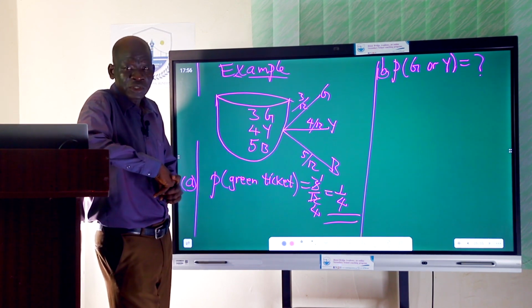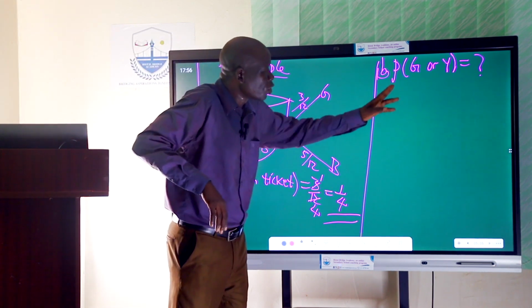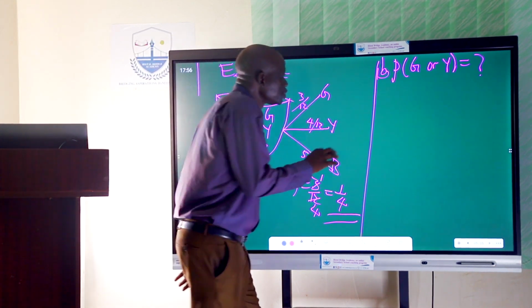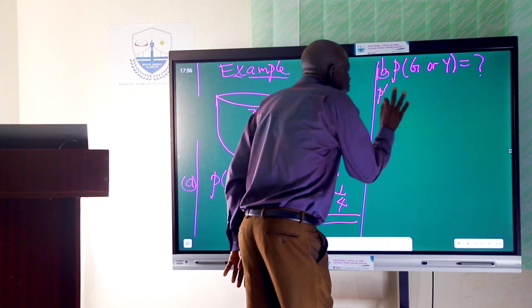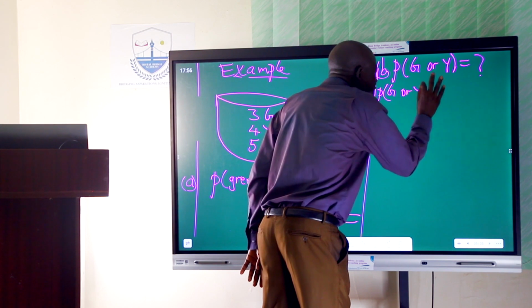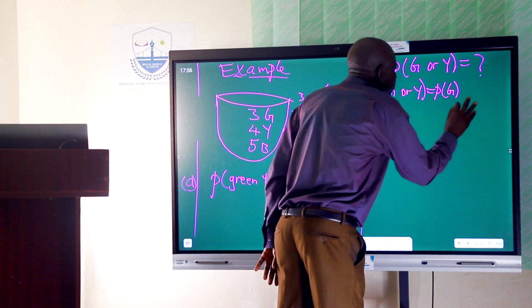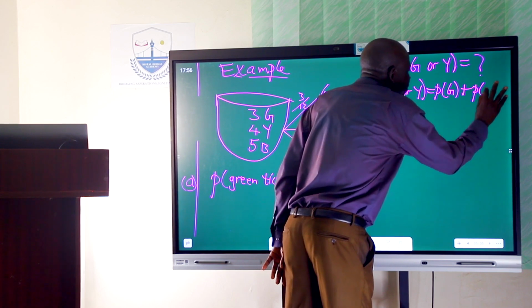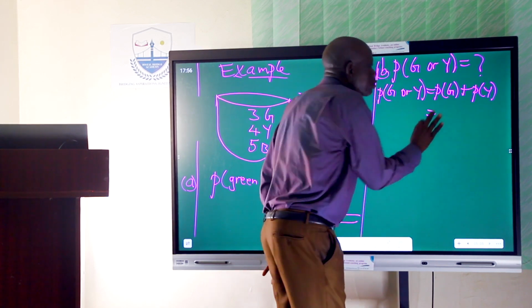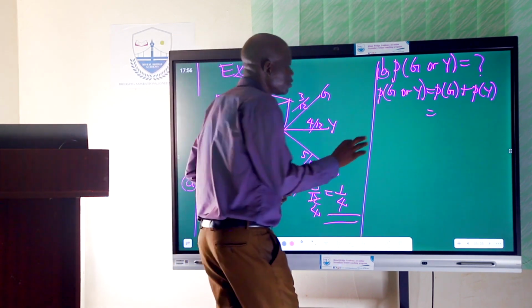"Or" means union, and union means addition. So P of green or yellow is the same as the probability of green plus probability of yellow.